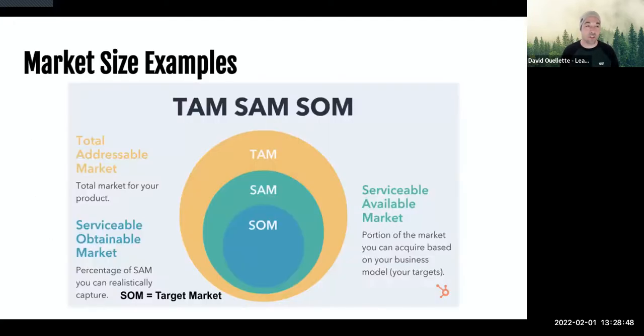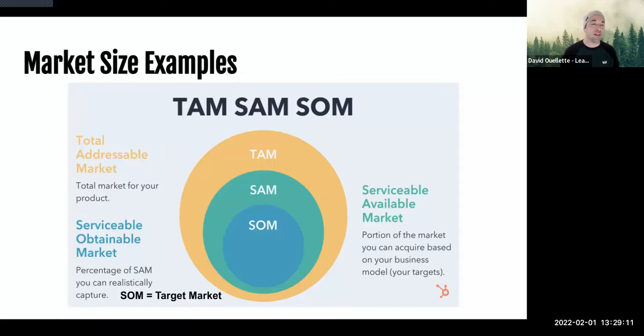So when you're sizing up the market, this is just some common terminology that you may hear. And these are things that you could use as well to present the size of your market. When you're doing your research out there, you may come across these three different terms: TAM, SAM, and SOM. So TAM is when we're describing the total market for your product.